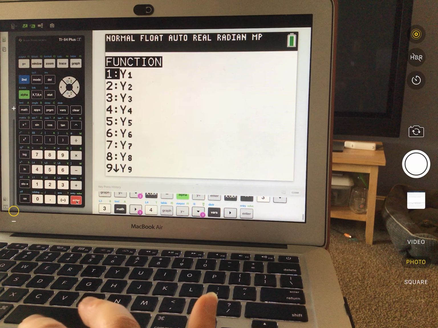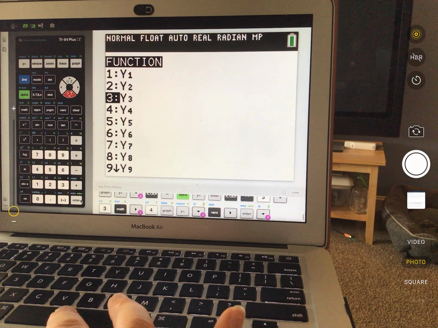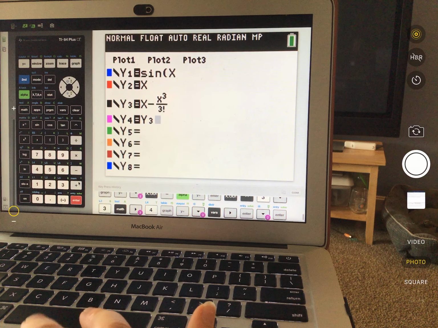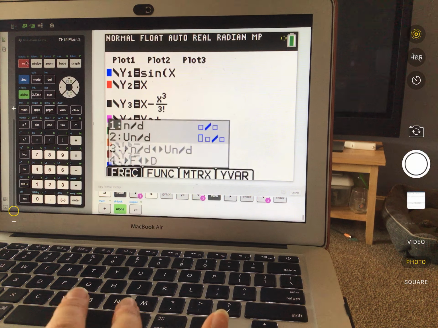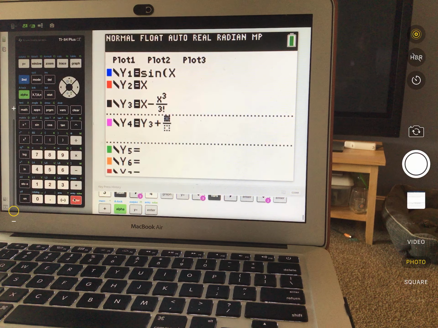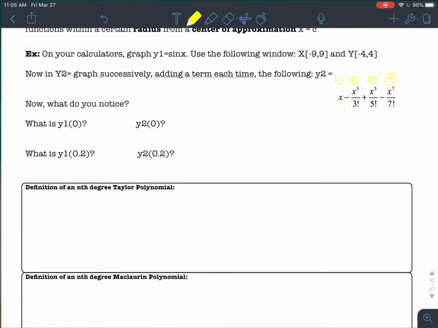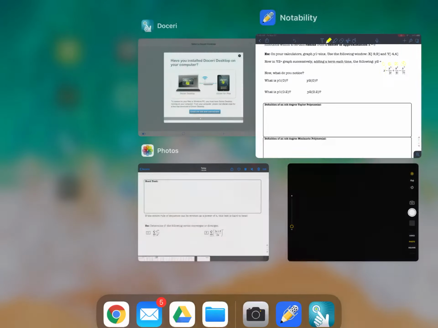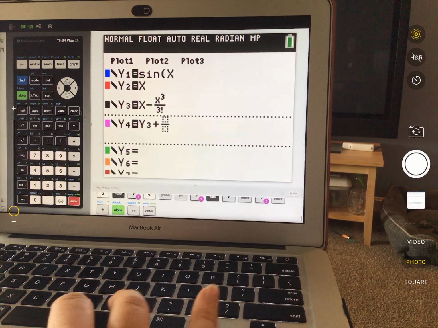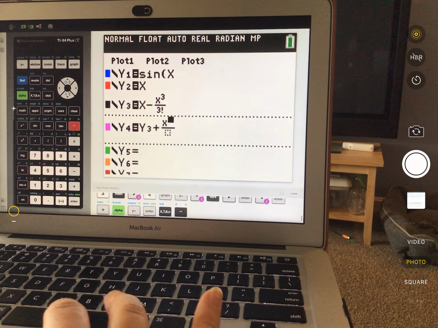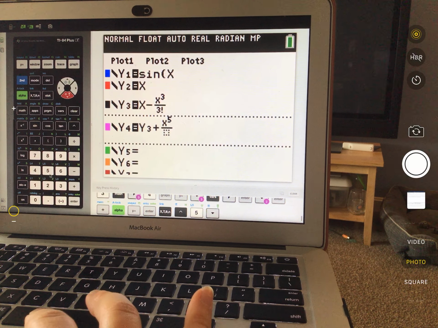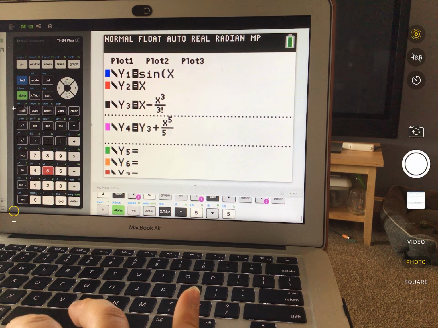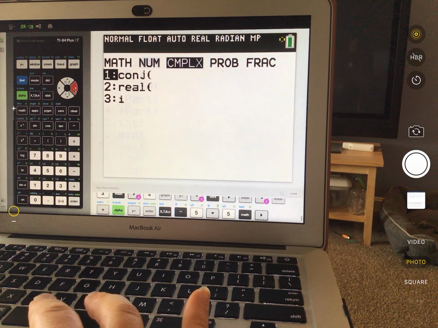Okay, so now what if I go through, and I'm going to be smart here, in y4, I'm just taking what I have in y3, so I'm going to use my variables, go over to y variables function, and I'm going to use y3, and then I'm just going to add on that next term, which was alpha y equals to make a fraction, right, and our next term is x to the 5th over 5 factorial.